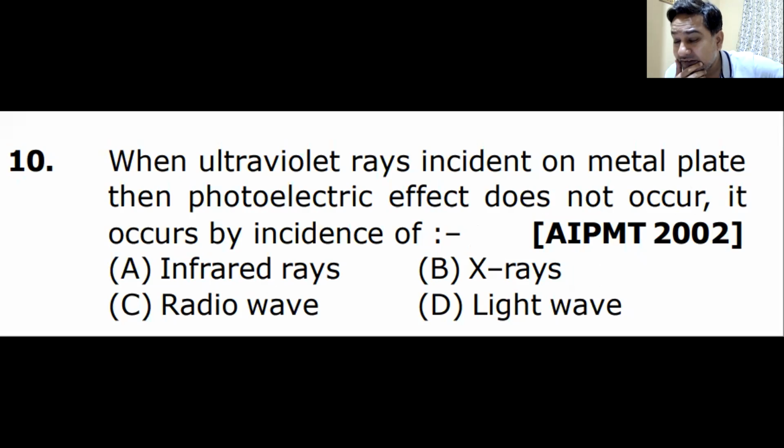Oral questions, oral answers. When ultraviolet rays are incident on a metal plate, then photoelectric effect does not occur. It occurs by the incidence of X-rays. Option B. Why X-rays? Why not the others? We are talking about question number 10.